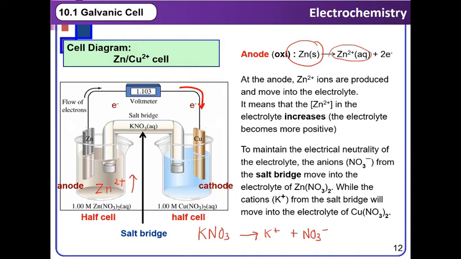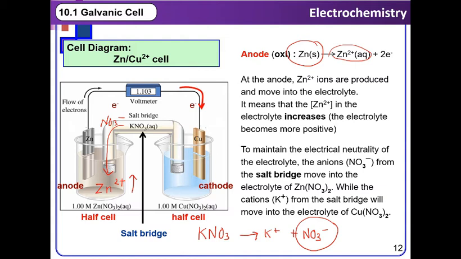The anion, NO3 minus, from the salt bridge moves into the electrolyte of zinc nitrate. The nitrate ion will enter here. The purpose is to neutralize the electrolyte solution again, because the solution has become too positive, due to the production of zinc 2 plus from the oxidation of solid zinc. So the function of the salt bridge here is to maintain the electrical neutrality of the electrolyte. The negative NO3 minus ion from the salt bridge will neutralize the zinc 2 plus.